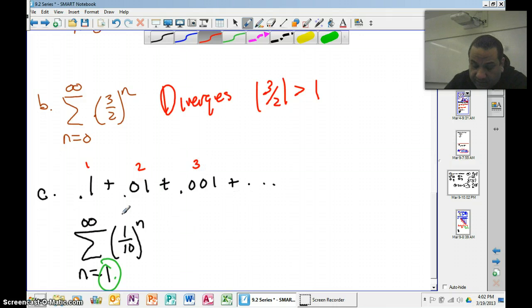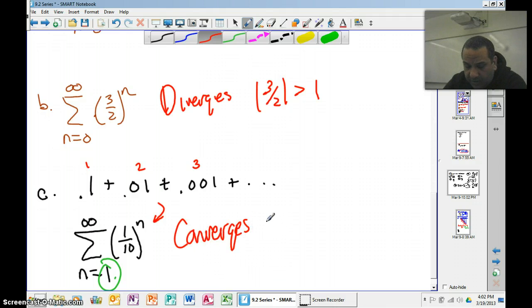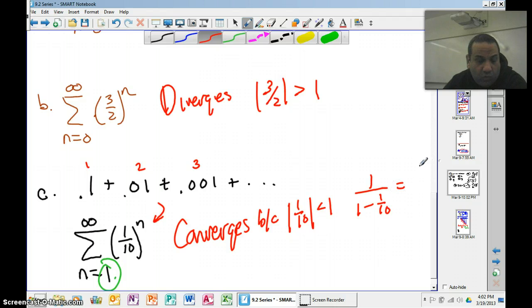I also recognize this to be 1/10 to the nth. This converges because, once again, 1/10 is less than 1. And it converges to 1 over 1 minus 1/10. So that's going to be 1 over 9/10, or 10/9.